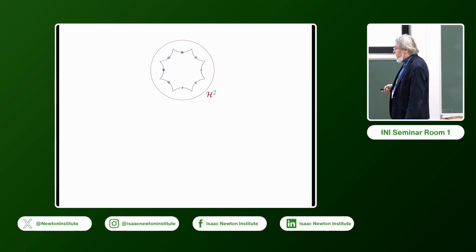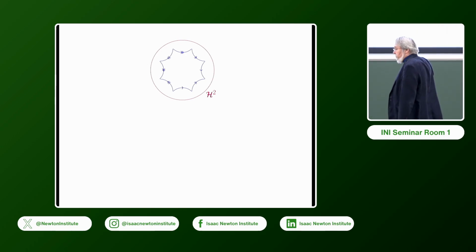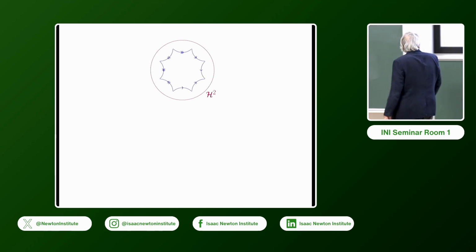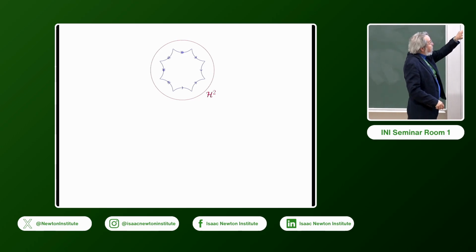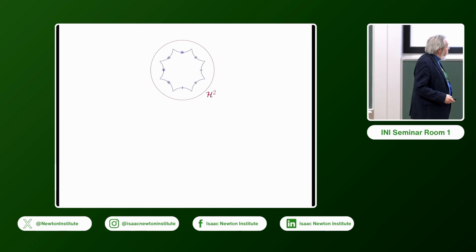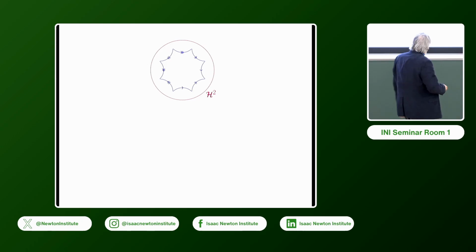So for example, in the genus 2 case, you can take a suitable regular octagon and make these identifications, and you've arranged that all of the internal angles are pi over 4.